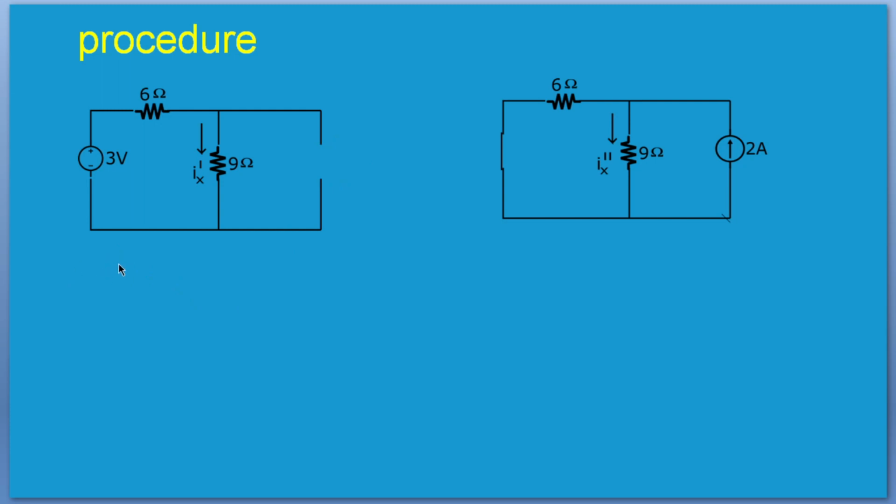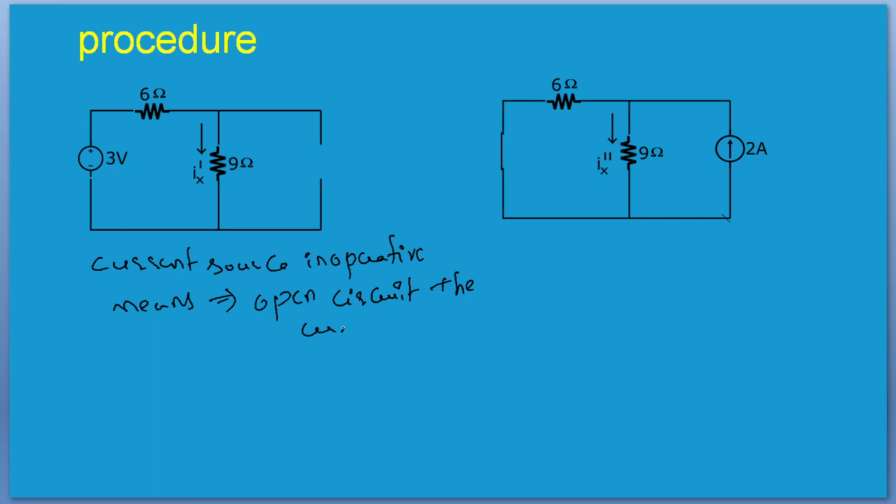Current source inoperative means open circuit the current source. So if I open circuit the current source, it means I is equal to 0. So it is represented by open circuit.